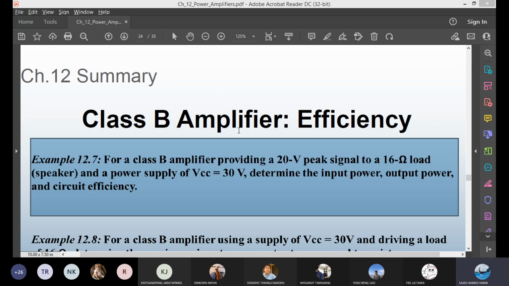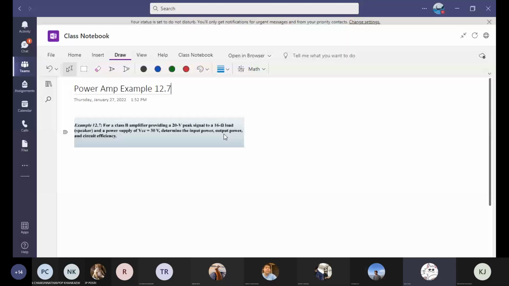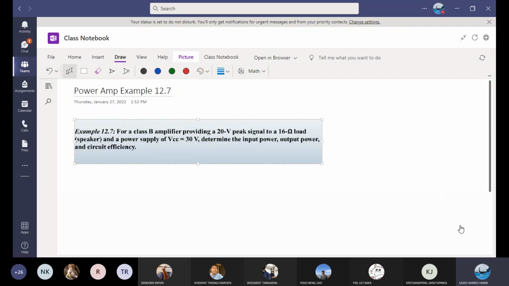Just let me bring it in. Power amp example 7 is the name of the problem. Can you still hear me? I'm getting a message, bad network quality. Yes, we can hear you. It was hard to log in today, actually.